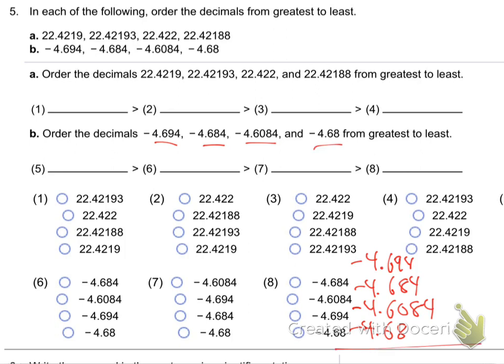Now, let's compare those. They all start off with minus 4.6. So that part's the same. And then it's 940, 840, 800. All right, so now we want to go from greatest to least. Because these are negative, the greater one will actually be the least negative.